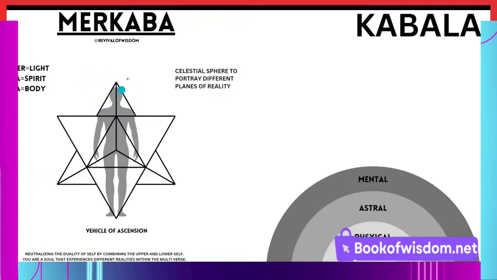You see the all-seeing eye with the illumination coming off it, your head, when you're illuminated. The Merkaba is your celestial sphere to portray different planes of reality. It is the vehicle of ascension. It's in the word Kabbalah: Ka, spirit, Ba, body, La, light. Same thing, Kabbalah, Merkaba. It's all about the light body.